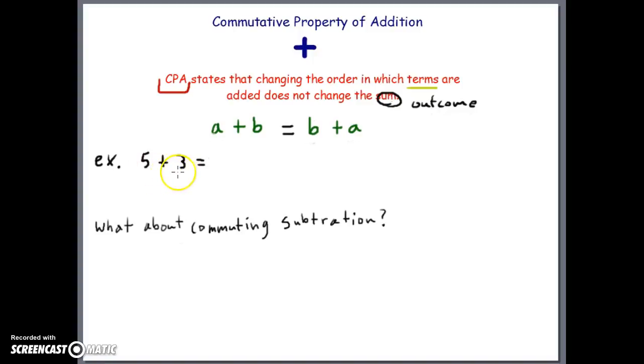If we have 5 plus 3, what this property is saying is that it's the same thing as adding 3 plus 5. We can add the 3 to the 5 and it gives us the same exact value as adding the 5 to the 3. This simplifies to an 8 and this also simplifies to an 8. So you can see the commutative property just changes the order that things are added.